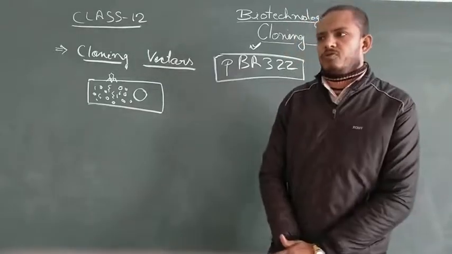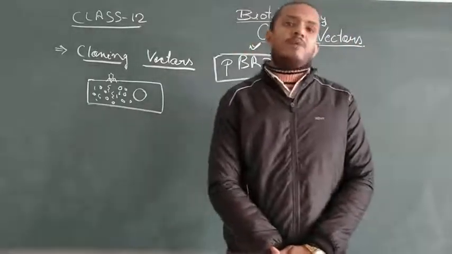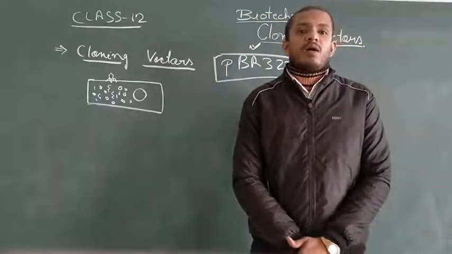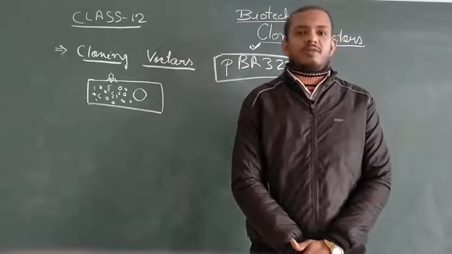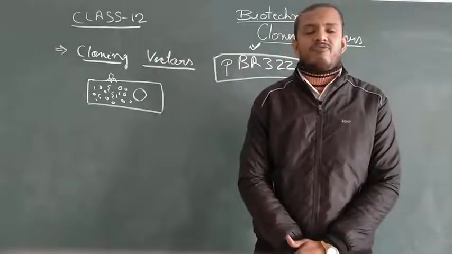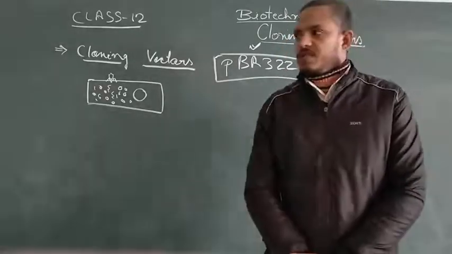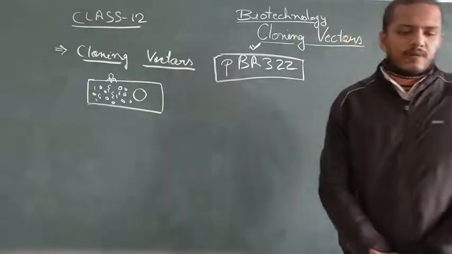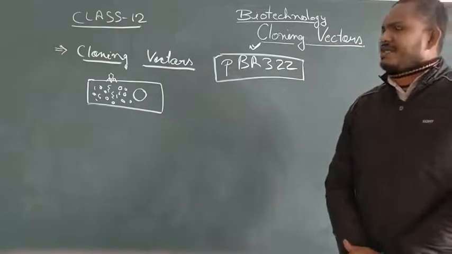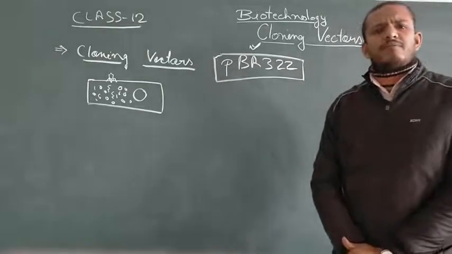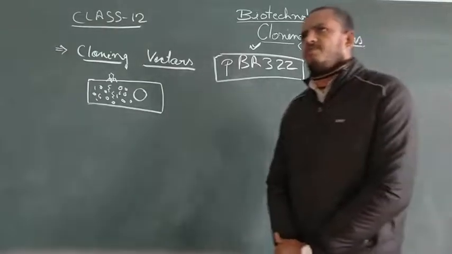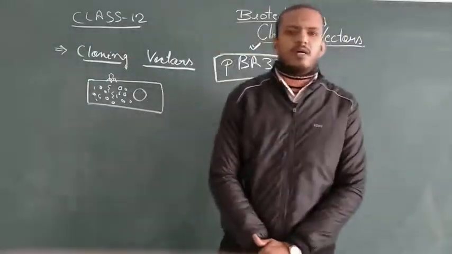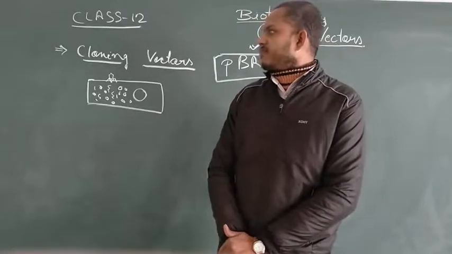When we choose a host, we also keep in mind the copy number of that particular host cell for that organism. There are numbers of vectors or plasmids whose copy number can be 100 to 1000, the range may vary. So these are some features.